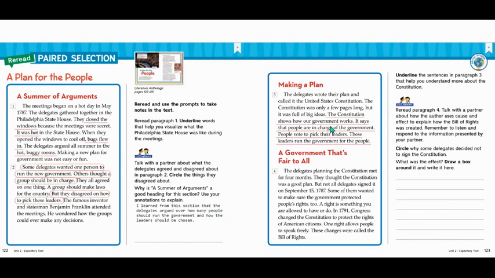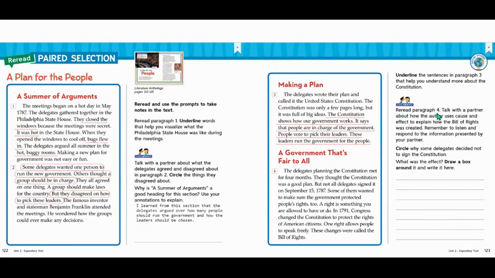Again, the purpose, it says, is it shows how our government works. It tells what people are in charge, how people vote to pick their leaders, and that these leaders run the government for people. So this part is explaining the purpose of the Constitution.